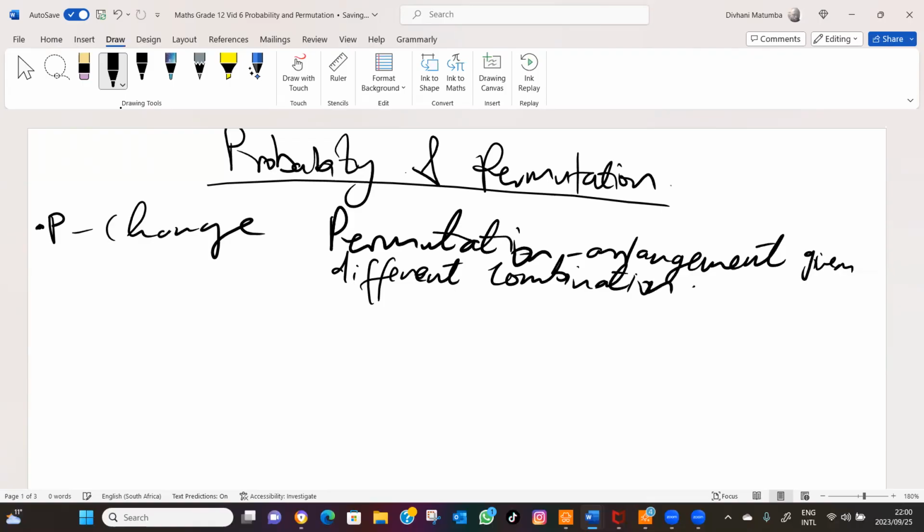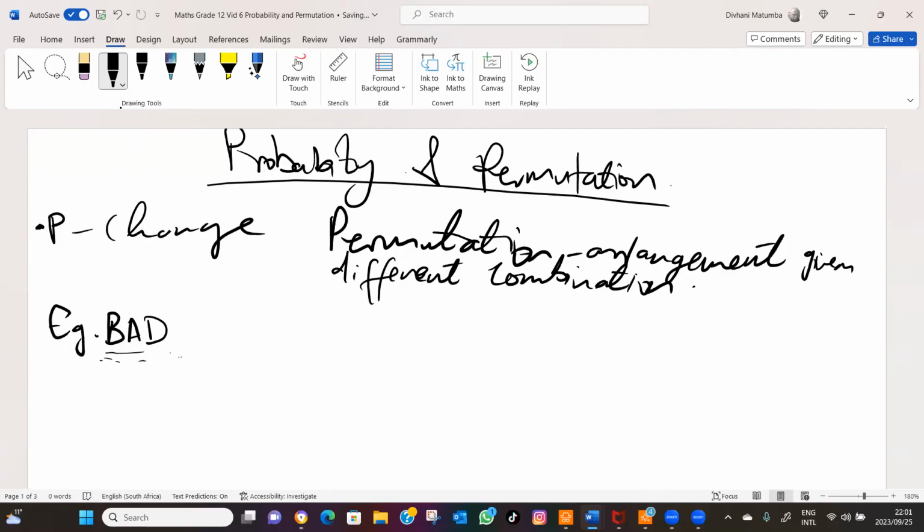Let's say for instance, if you are given a word BAD, how many combinations can we have using these three letters? How many combinations can we have?